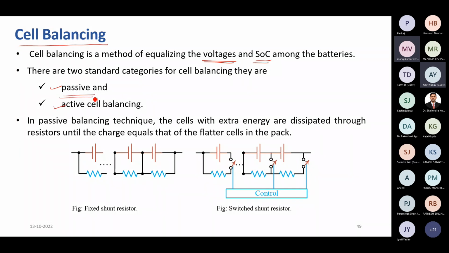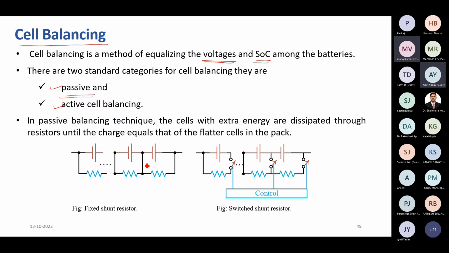In the passive method, we connect only some resistance across the batteries, where the excess energy is dissipated through the resistors. That is a passive method. So we are not properly utilizing the energy, some of it is wasted, right?